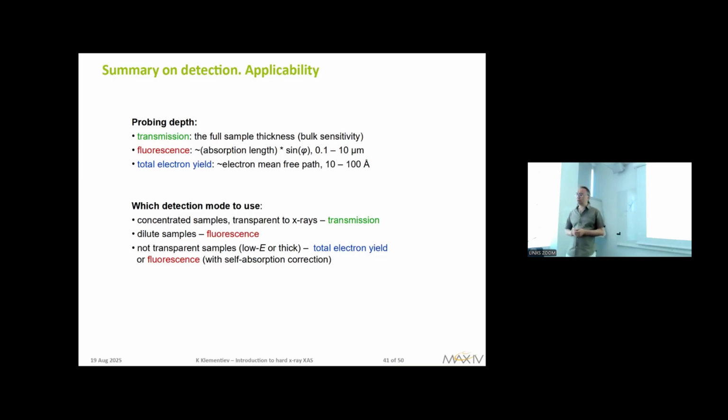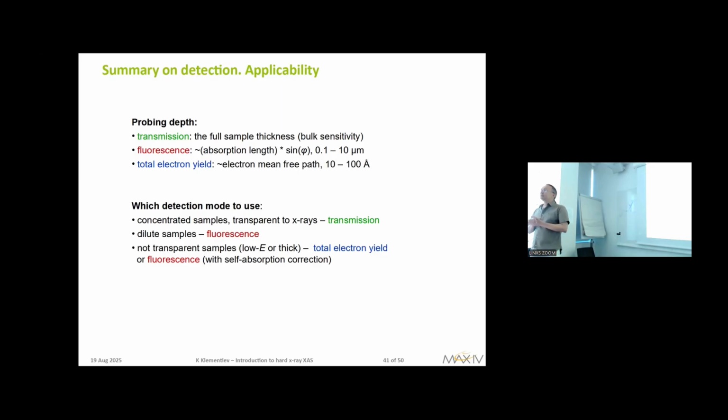In transmission, you get a small edge jump, so the absorption contrast becomes very weak and the noise level becomes high, and therefore you go for the alternatives: fluorescence or total electron yield. Fluorescence is mostly used. Total electron yield is very surface sensitive, whether you want it or not. So if you want it, yes, you use it.